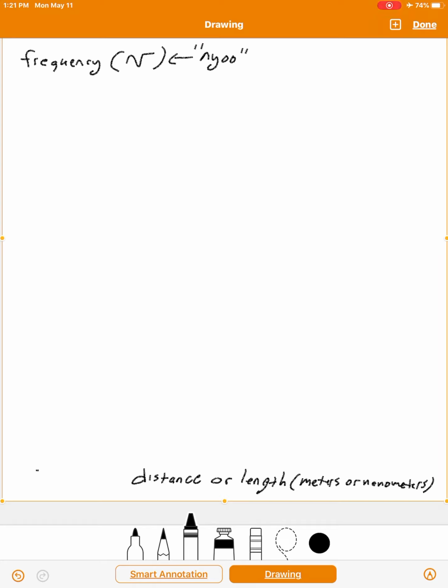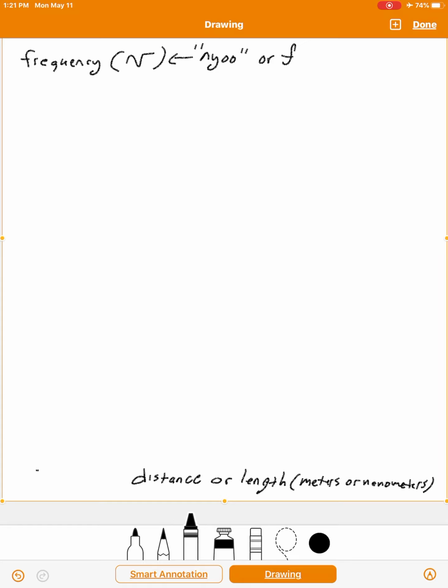It looks like a V, right? It looks like a cursive V, a script V. It's actually nu. It's also a Greek letter. And that is often used for frequency. Sometimes a lowercase f is used. And that's perfectly fine if you want to use f for frequency. Okay? Many physics books use f.